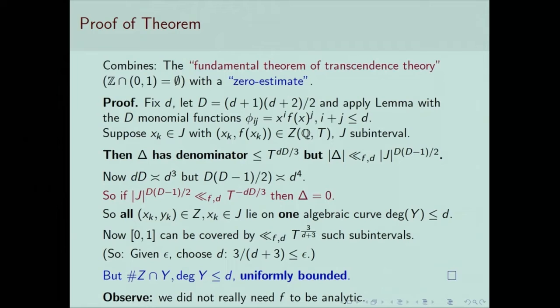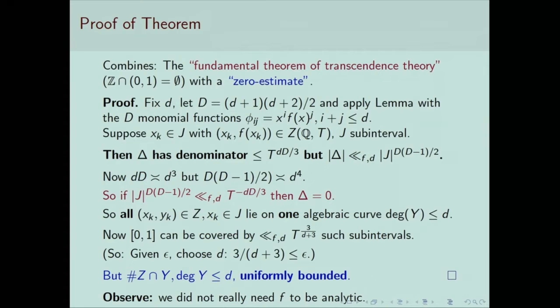So the x_k's and the f(x_k)'s all belong to the set of rational points of height up to t, and we form the determinant. This determinant Δ, and this is the crucial thing, on the one hand is a rational number, and if you look at what it takes to clear the denominator, it's bounded by t to the d·D/3.